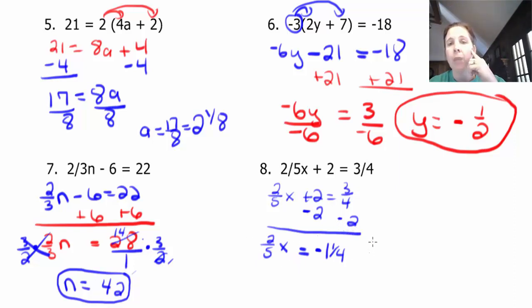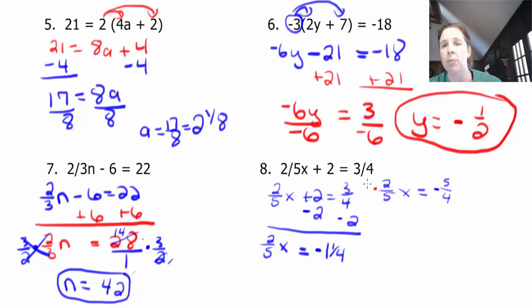Now, I'm going to rewrite it up here. We have 2/5 x equals, I'm going to make this into an improper fraction, -5/4. So it's 2/5 times x.